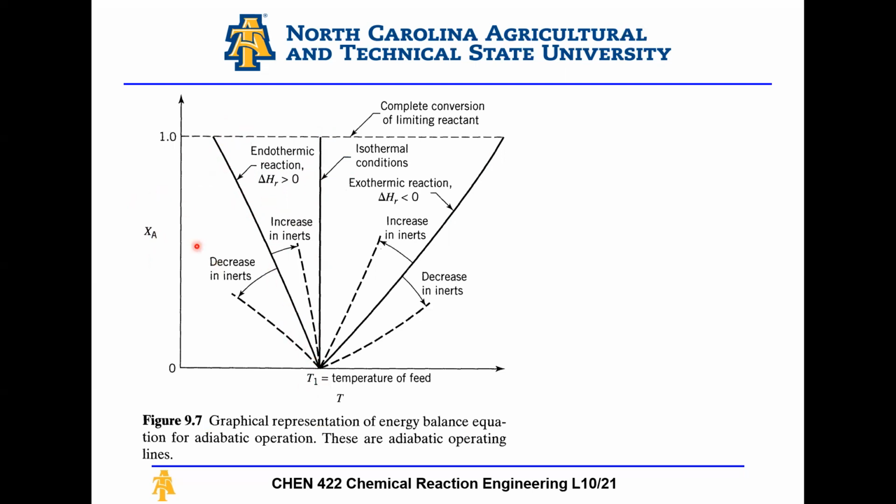So what's the slope here? This actually has a negative slope, right? So for an endothermic reaction, your plot of XA versus T has a negative slope, whereas for an exothermic reaction, your plot of XA versus T has a positive slope.